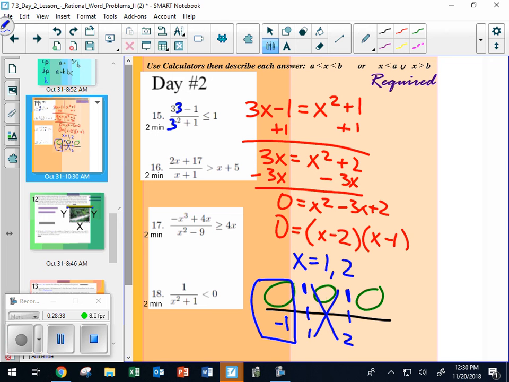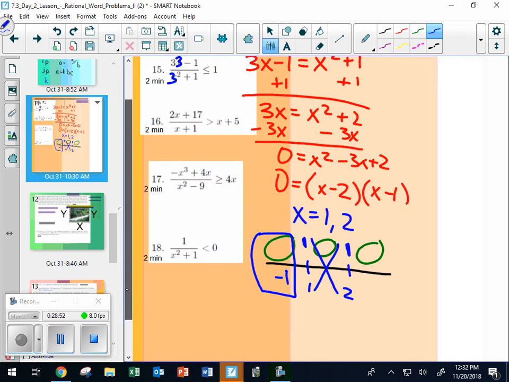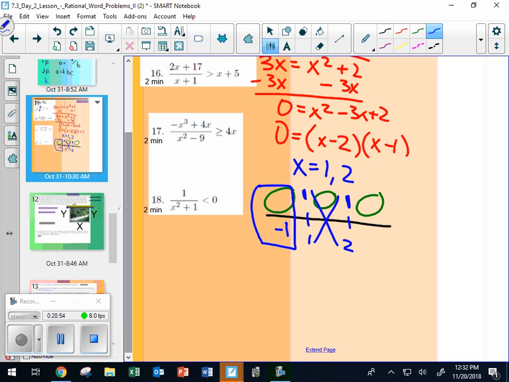I will pause for those few seconds. Okay, we've had our few seconds. Shepard, can you tell us what you got? We do want this section because it was less than 1.